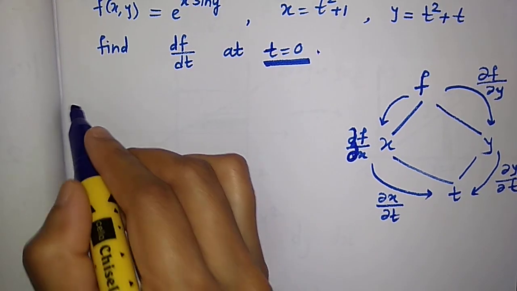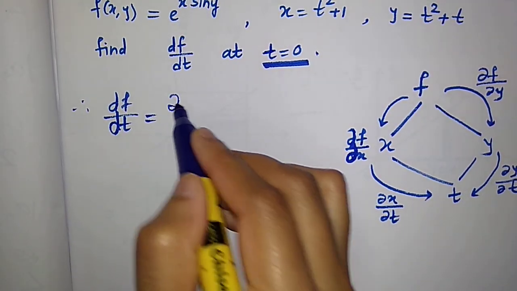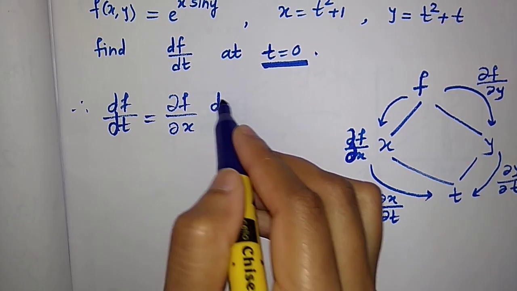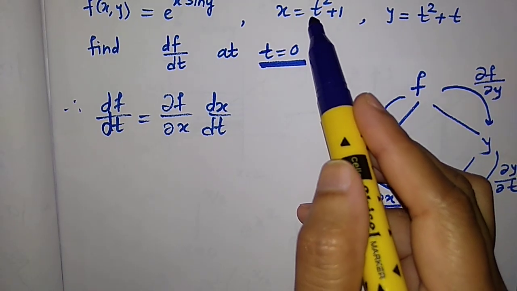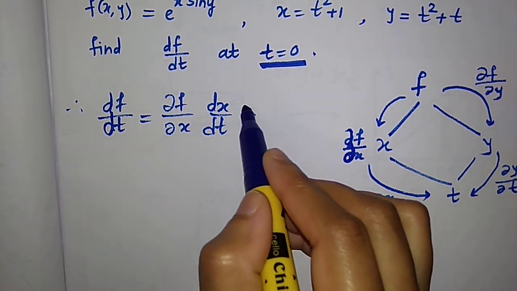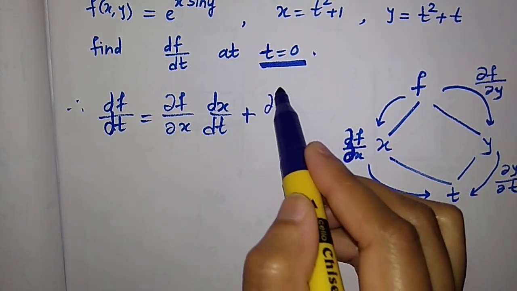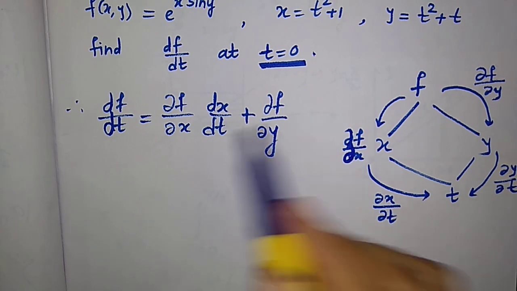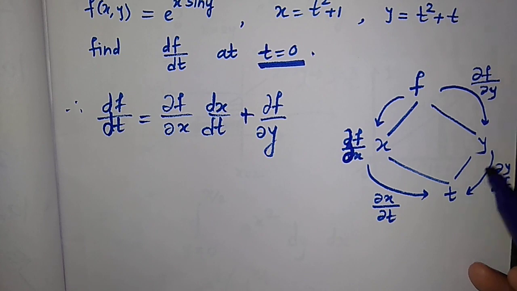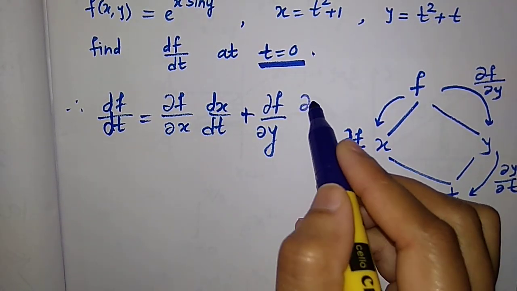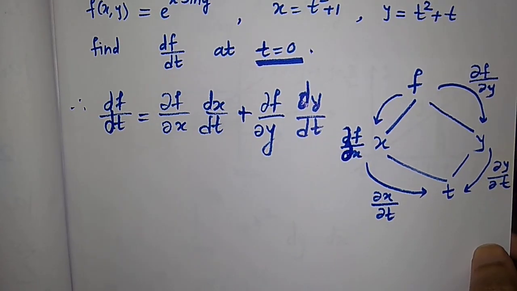So by chain rule, df by dt is equal to del f by del x into dx by dt. I am writing dx by dt because x is just a function of t. Similarly, because there are two ways, you add the second way: del f by del y into dy by dt. And now just find the derivatives.